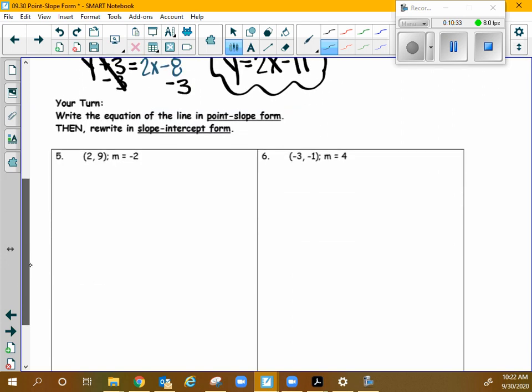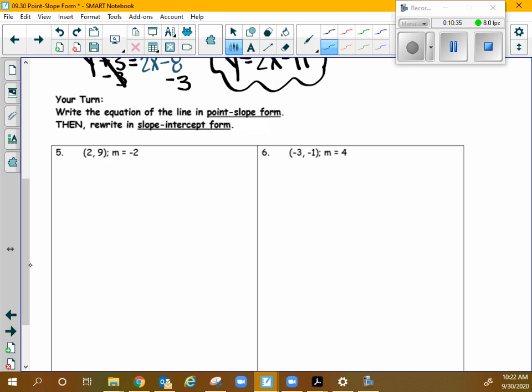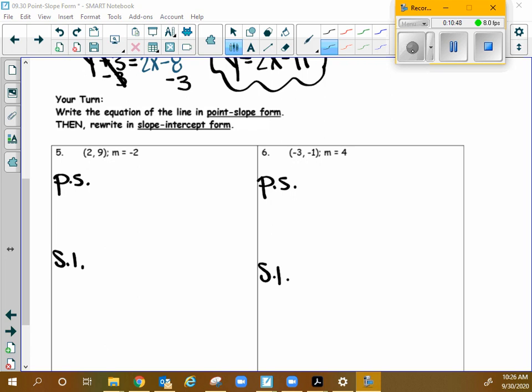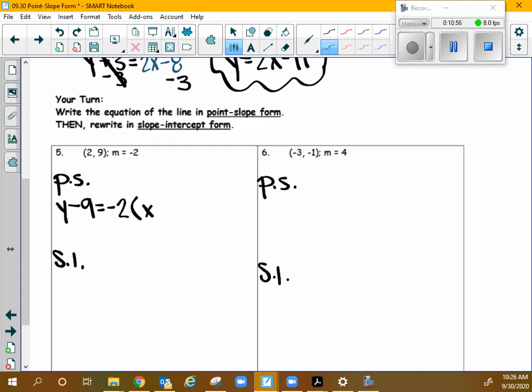Y'all do number 5 and 6, but I need point slope and slope intercept. Point slope, number 6 or 5. Good.